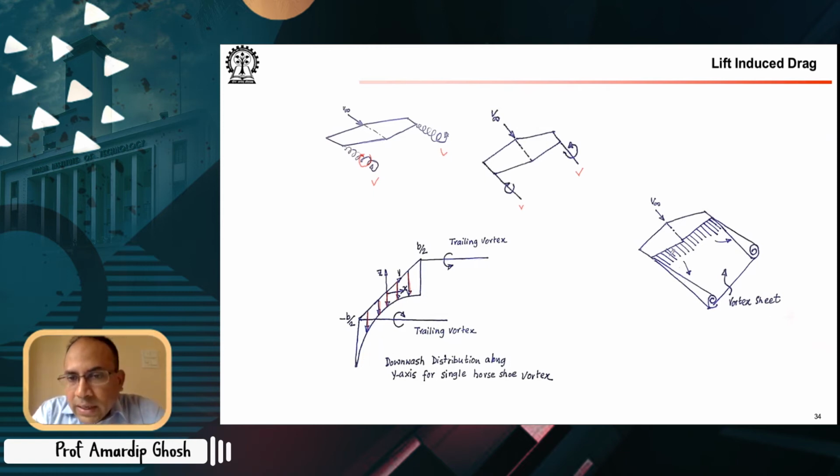On the other hand, we said that in reality, you have vortex filaments or trailing vortices that are actually shed all over the span. But eventually, the vortices as they are shed from the trailing edge across the span induce some velocity field and they influence the movement of one another.